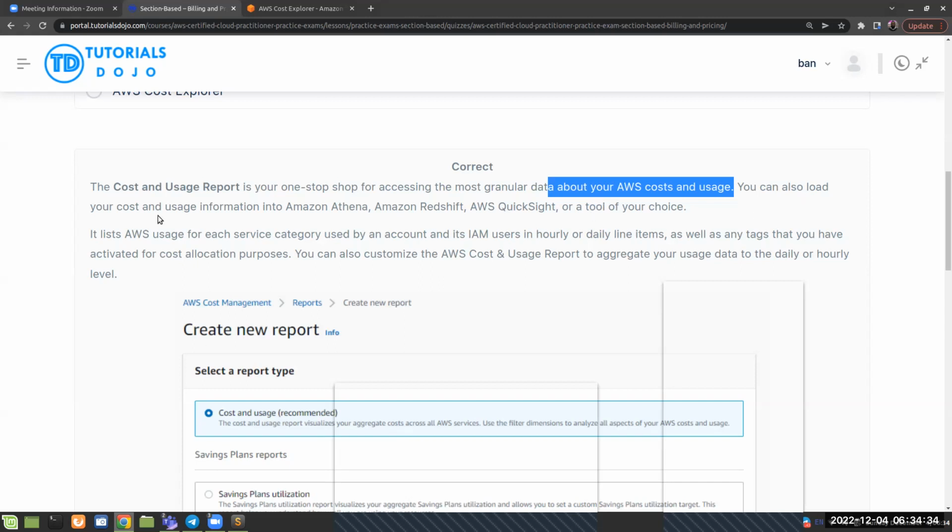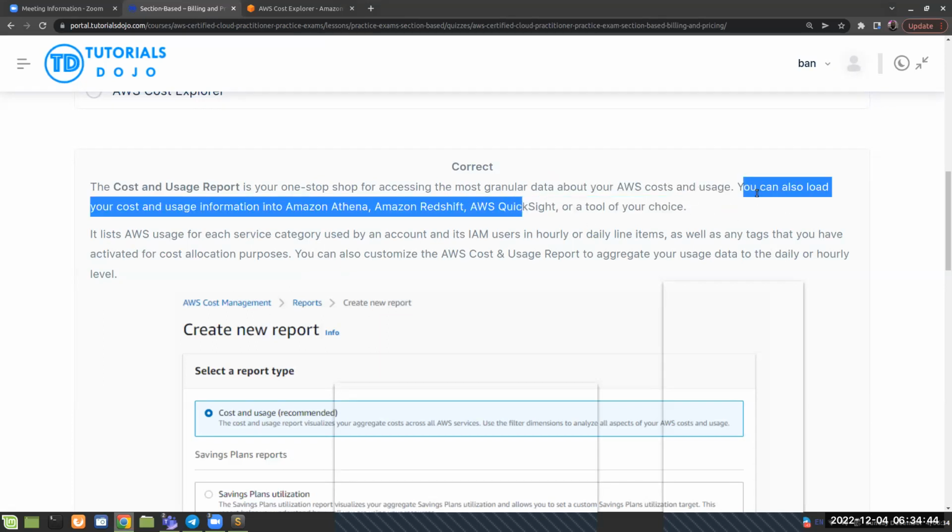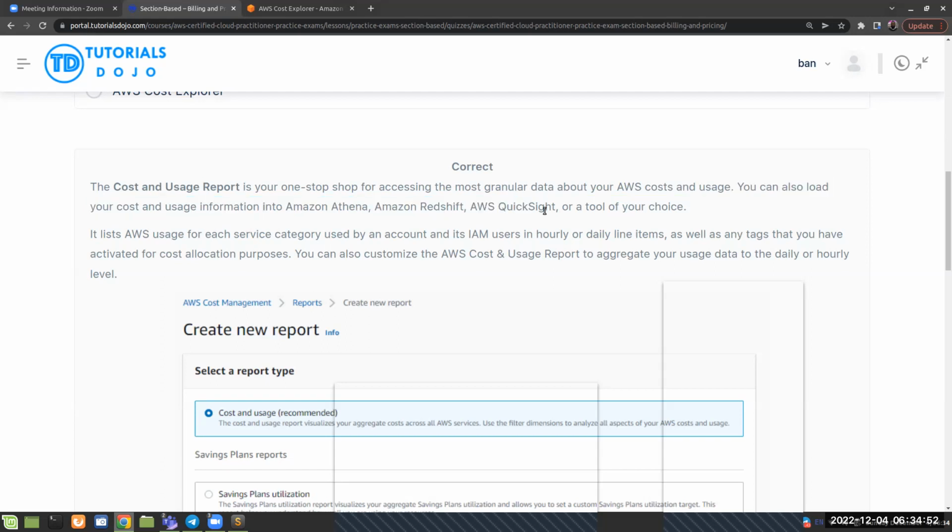So you can also load your cost and usage information into Amazon Athena, Redshift, QuickSight, or tools of your choice. This is some additional information that I will also encourage everyone to always remember. Cost and usage report information, you can load it to Athena, Redshift, or QuickSight. These are other AWS tools that you can send the data to and also do more business analysis, right?